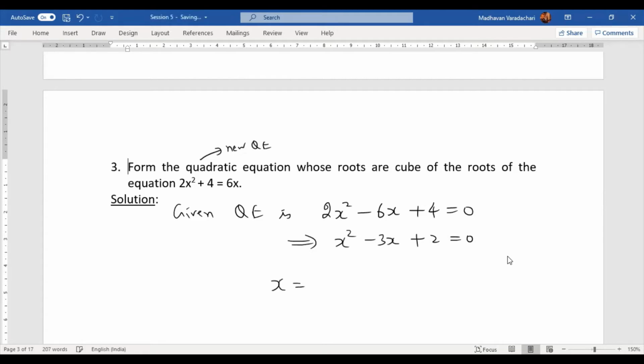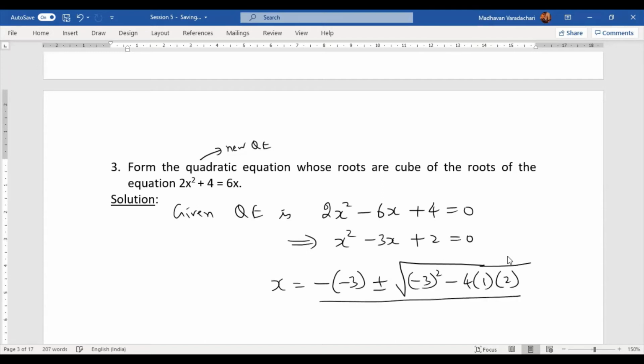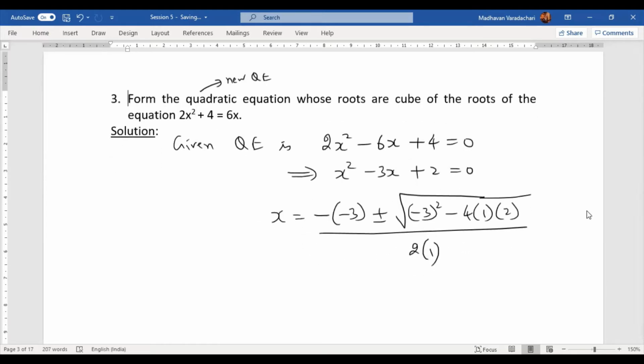X is equal to minus b, minus of minus 3, plus or minus square root of b square minus 4ac, by 2a. So that becomes 3 plus or minus square root of 9 minus 8, by 2. So it becomes 3 plus or minus 1 by 2.